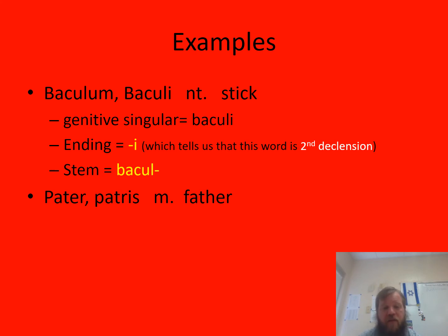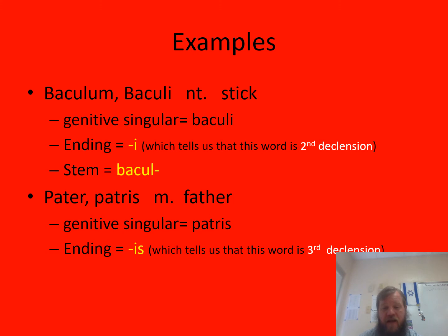What's our genitive singular? Our genitive singular is patris. What's the ending on patris? It's IS. What declension is IS? Well, IS goes with third declension. If we remove the IS from patris, we get a stem of patr.